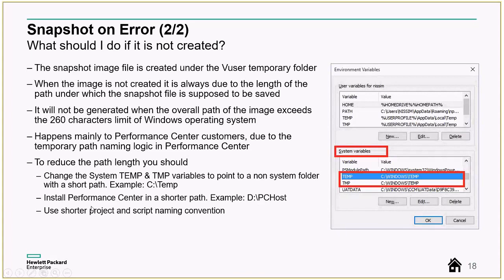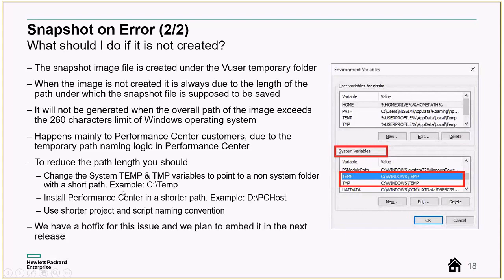Also, again, I will not ask anyone to modify any of their current assets. But if you can think about it for the future, try to use shorter project names or script names, because these are concatenated eventually to be a part of the virtual user temporary path.